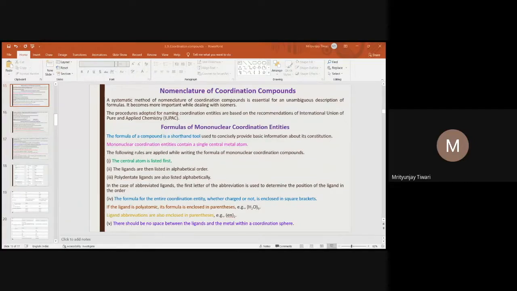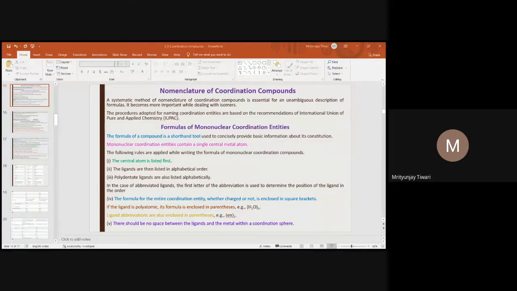Or there could be another possibility, that there is a metal-metal bond between the two metals, for example a ruthenium-ruthenium bond without chlorine. Either there is a bridging ligand or there is a metal-metal bond, and then only we see binuclear complexes. All the other complexes that we have seen till now are mononuclear complexes.